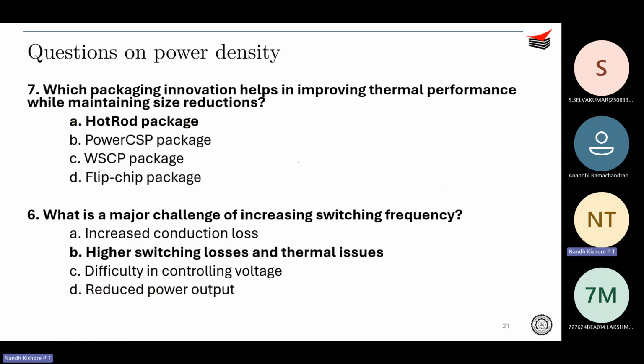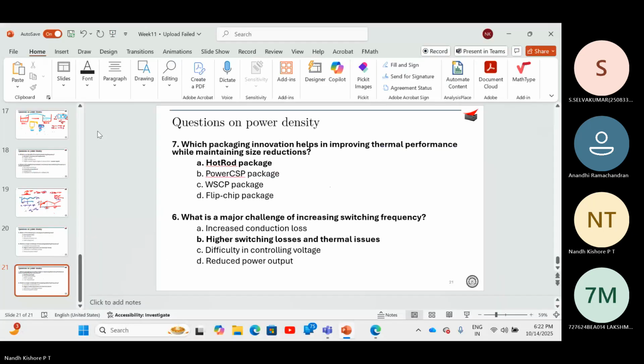Hot rod, power CSP, wafer scale chip packaging, or flip chip package? Anyone remembers from your lecture slides? The answer is A, hot rod package.